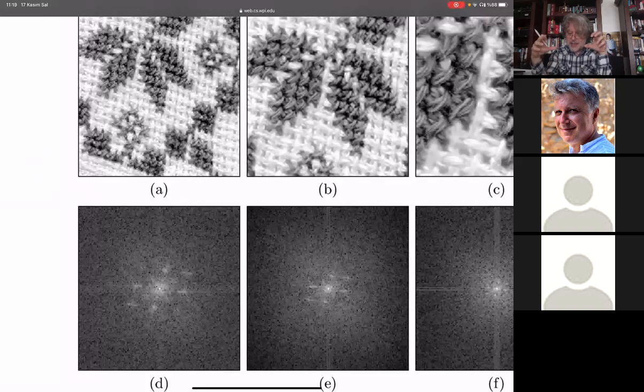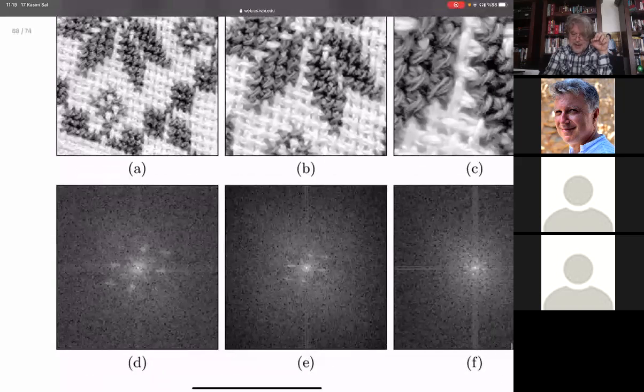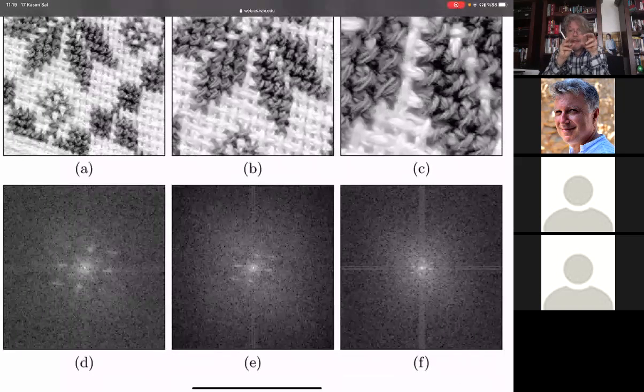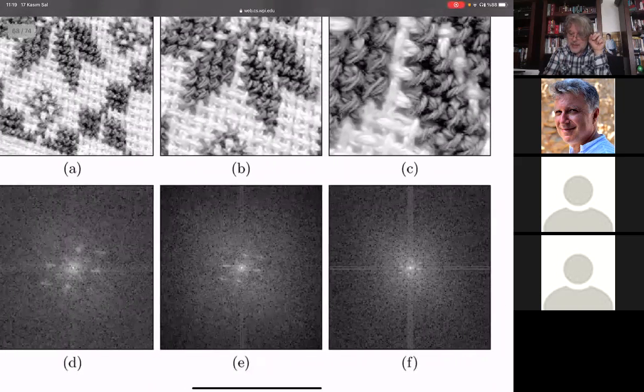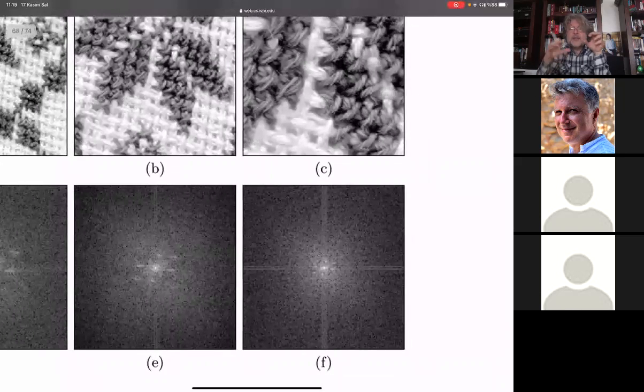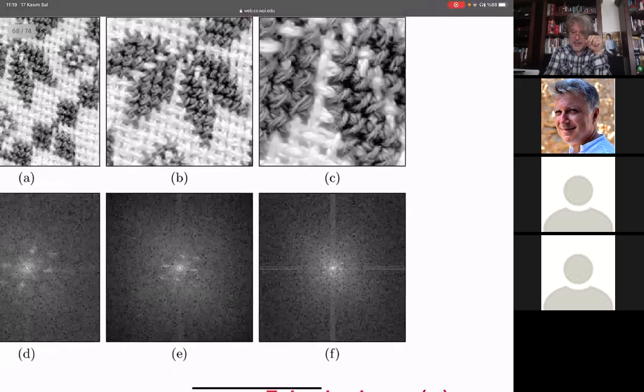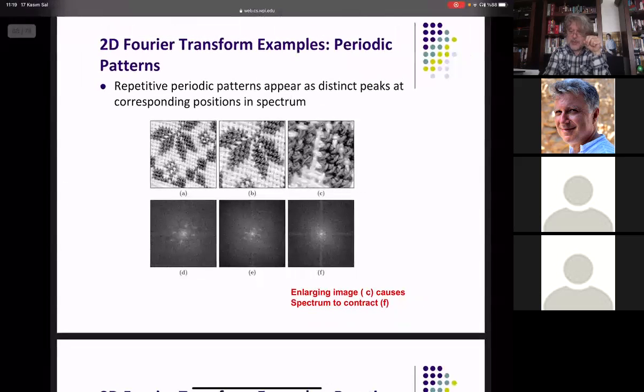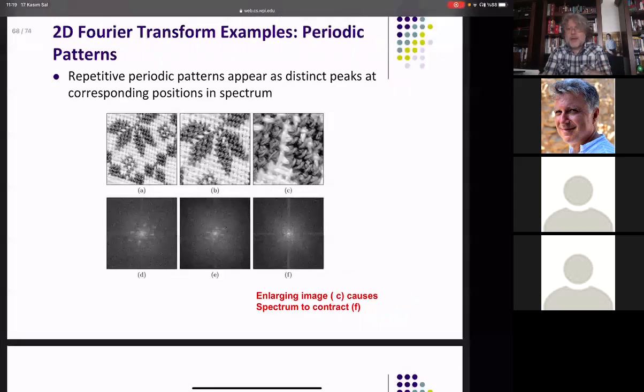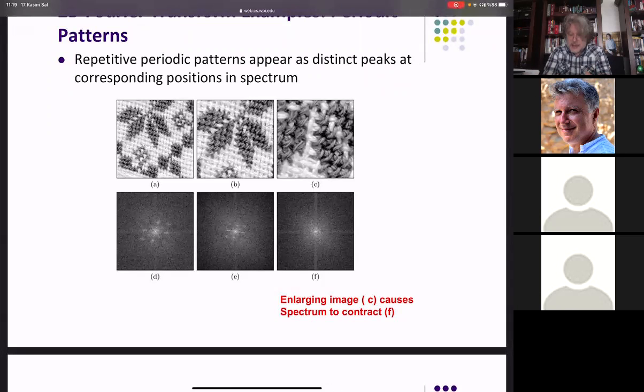And B is a wider texture, so the points in E are a little bit closer to one another. It's more condensed. If you make the texture even wider, as you see in figure C, corresponding with the Fourier transform in F, the peak values, if you look at it closely, are even more condensed and near to one another. It's the duality relation between the Fourier transform and time domain signal.